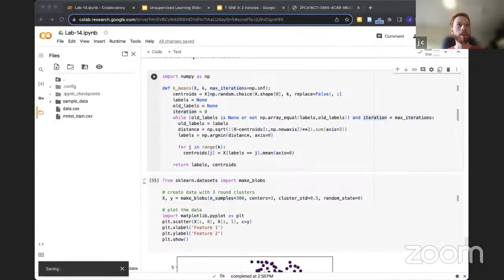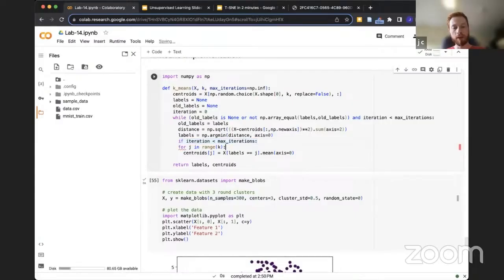Only if it is below the max iteration. So we include this if iteration smaller than max iteration.